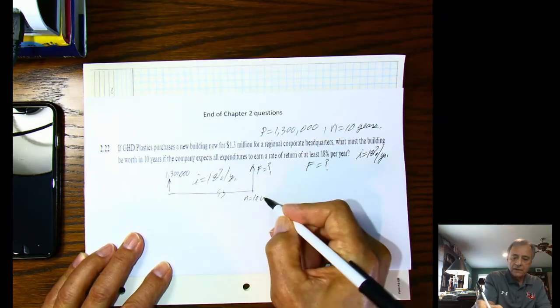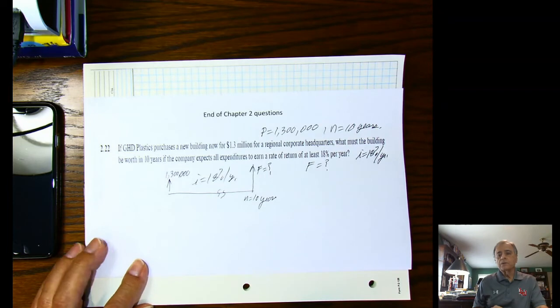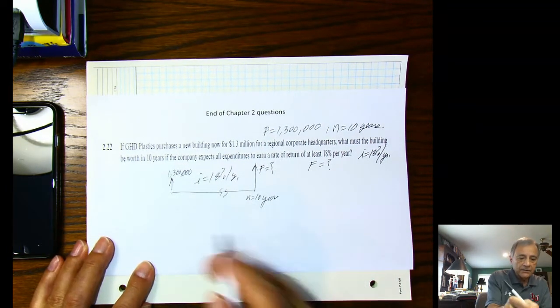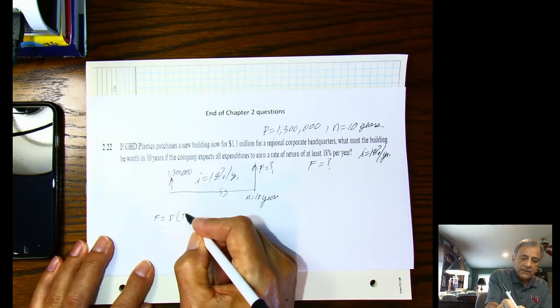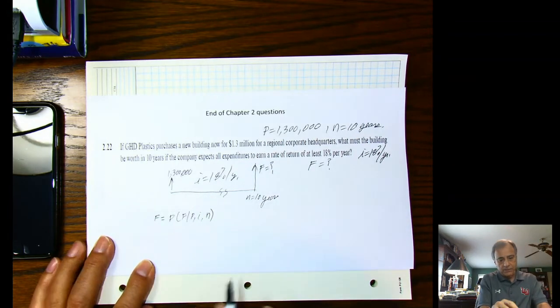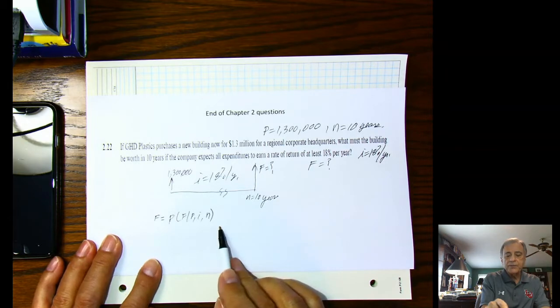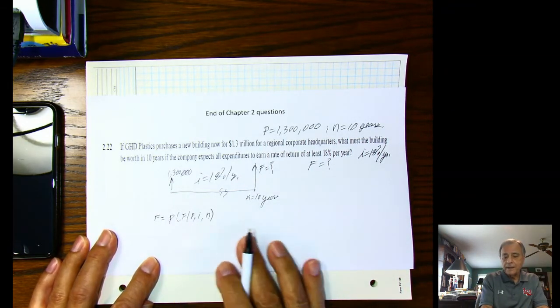This is years. Always keep track of your units. So this is a pretty straightforward example of an F given P. F is equal to P times F given P, rate i, for n periods. You can use your engineering economics career app for that, or that's a very simple formula. It's 1 plus i to the n, right?